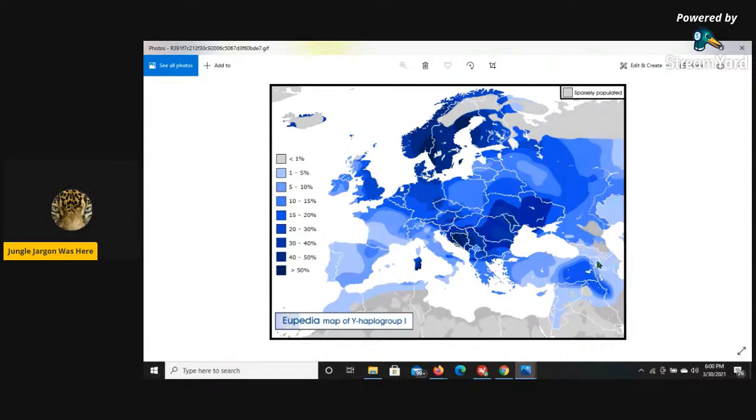But they were located in this area right here. From here, they went through this pass up here into the steppe region. And from here, they went this way up into this region over here. And you can see it's very strong here.